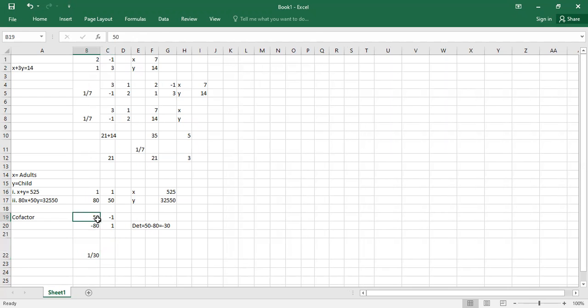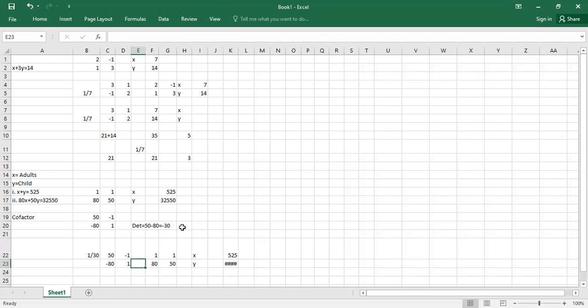Well, I have that. So if I take this, copy, then I multiply by my matrix, then I multiply by x, y. Now at the inverse stage, my answer should give me 525, 32,550. Can we work together?